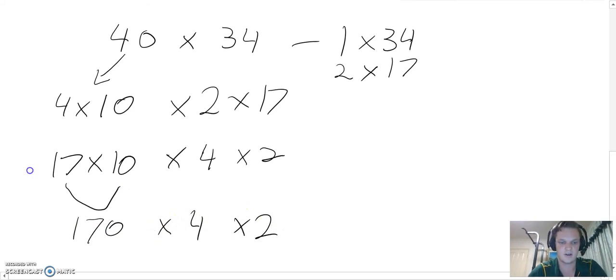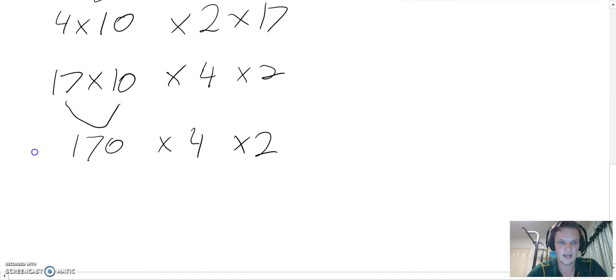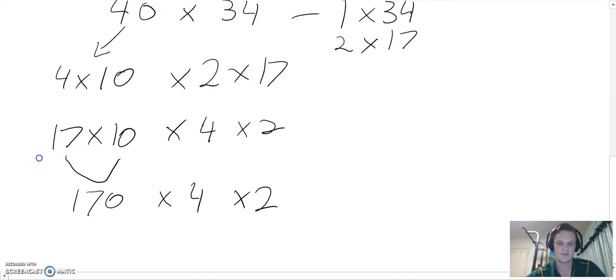It gets a bit trickier once again when we have to do 170 times 4. That's a bit tricky, so let's go 100 times 4 equals 400.